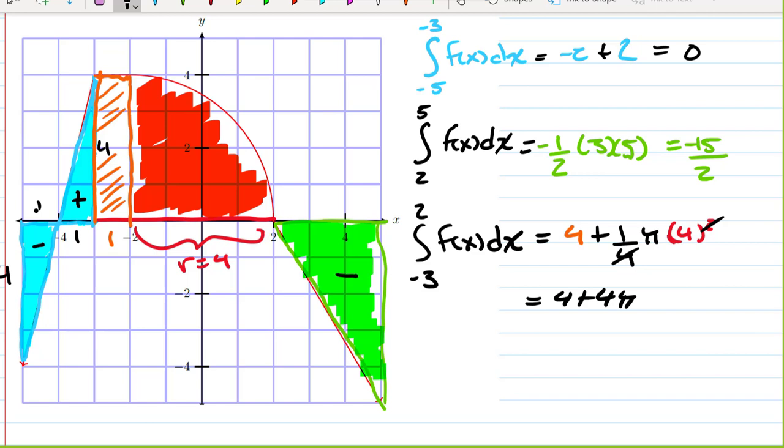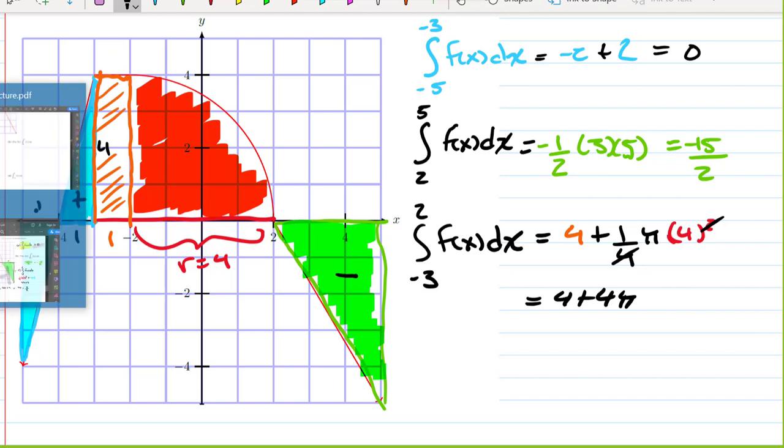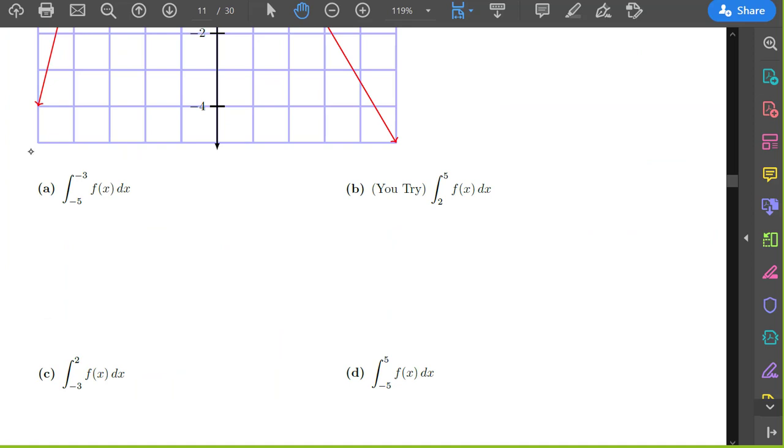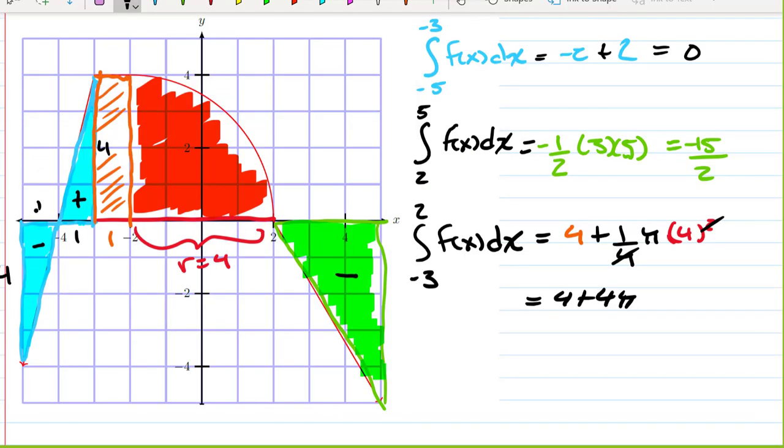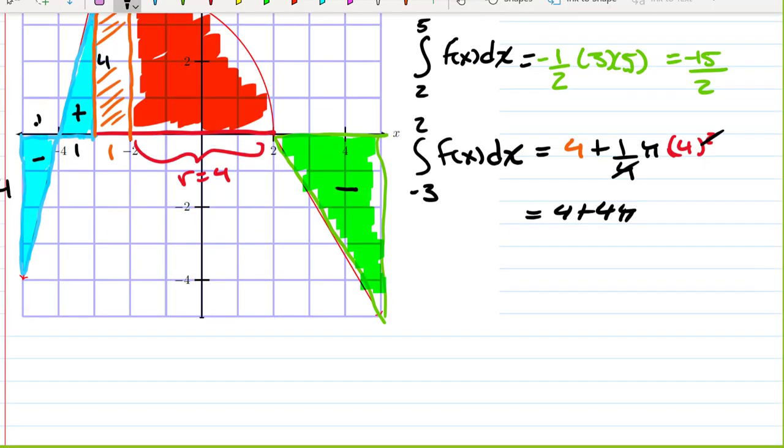The last one wants us to find the integral from -5 to 5. Well, that's the entire thing. Well, the integral from -5 to 5 is just going to be all of these areas that we found. So it's actually just going to be the sum of the answers to the previous three things.